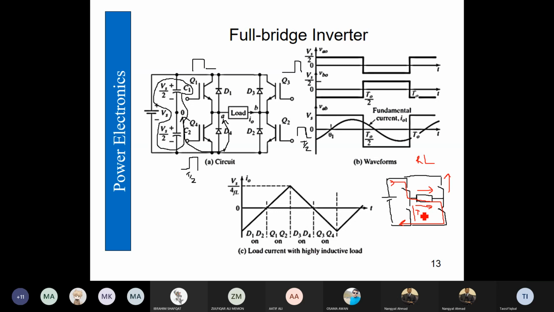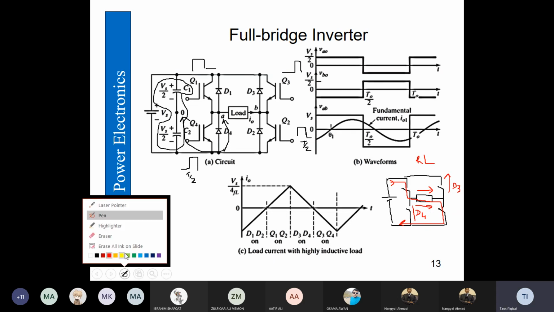So D4 is conducting here, D3 is conducting here. So the inductive current goes in the positive cycle, and goes back to the supply through diodes D3 and D4.